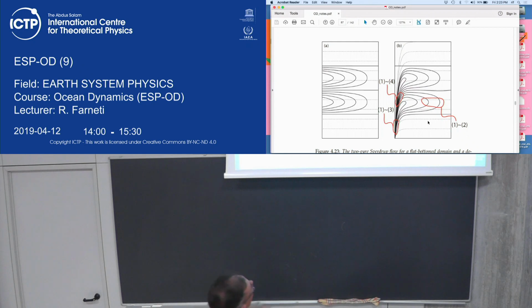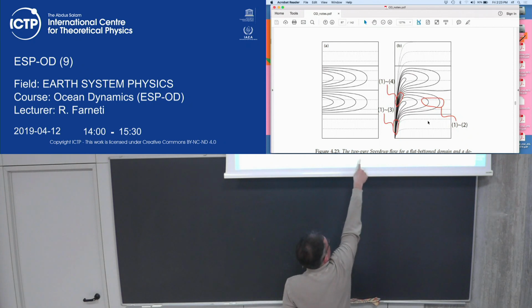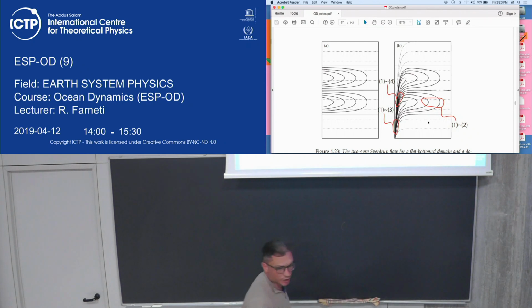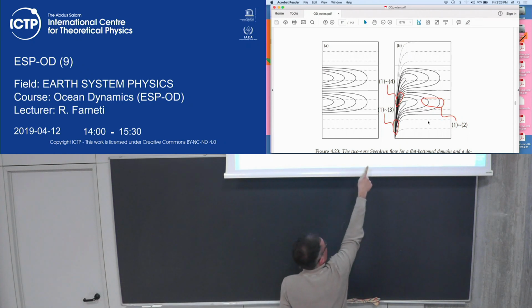If you have a sloping boundary, then the f over h contours look like this. The only place where you need friction is here, when you're crossing the f over h contours. The bottom pressure stress curl is not dominating, you're not in the Sverdrup interior, so you need friction to be able to cross these f over h contours.